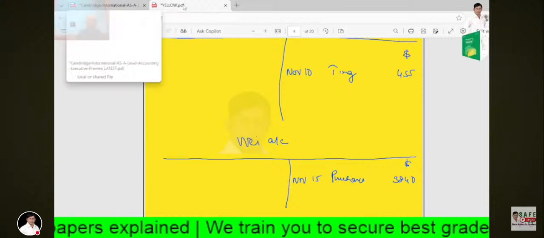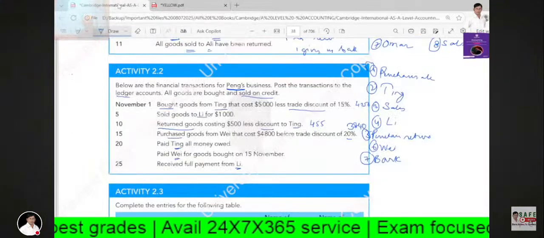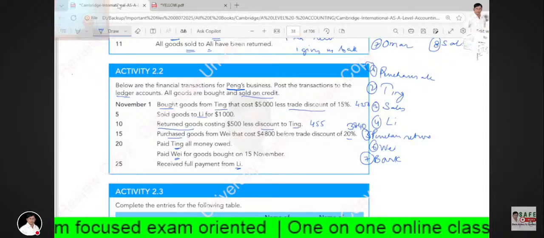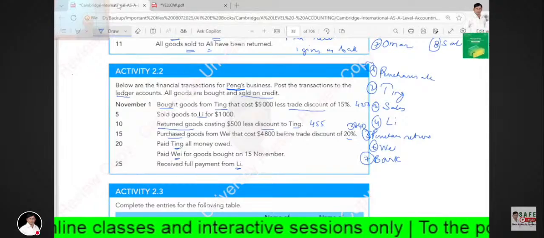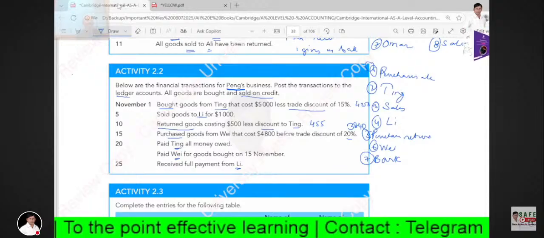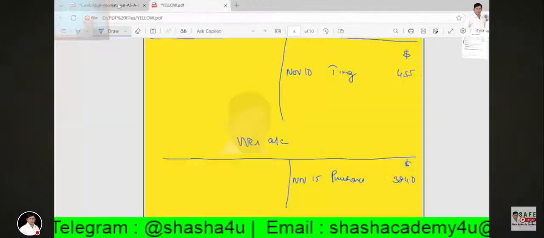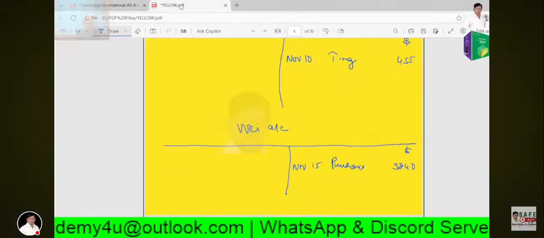Always write the dates. Next entry. Paid Tinge all money owed. Paid V for goods bought on 15th November. So we have bought only once. So we have to pay Tinge and we have to pay V. On 20th we have paid to Tinge and V. So bank account.